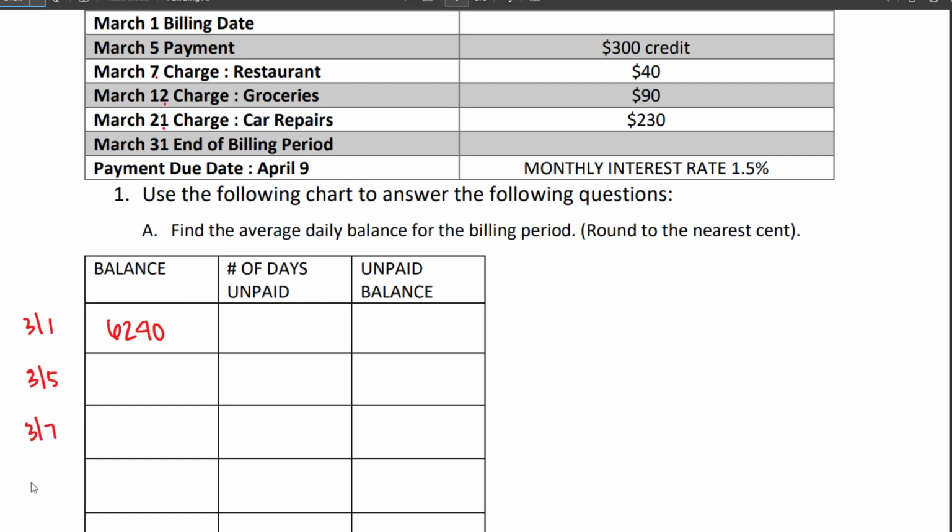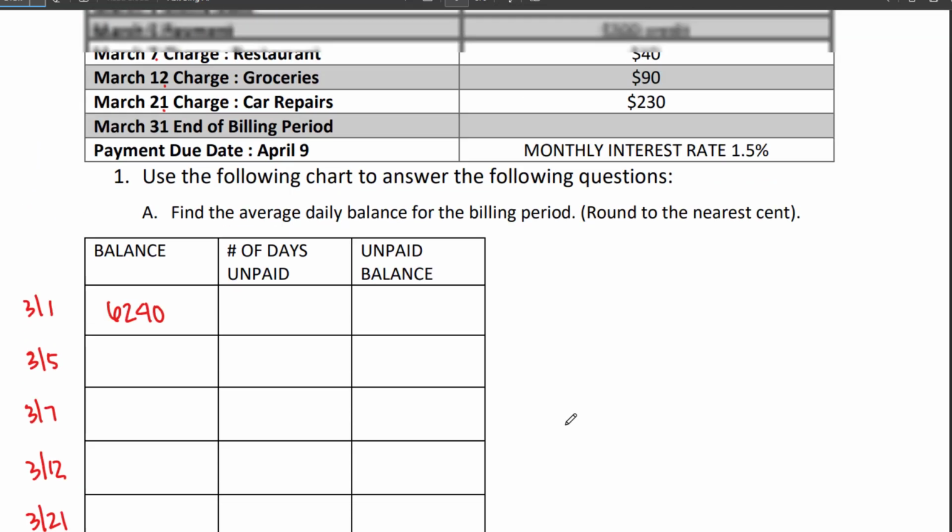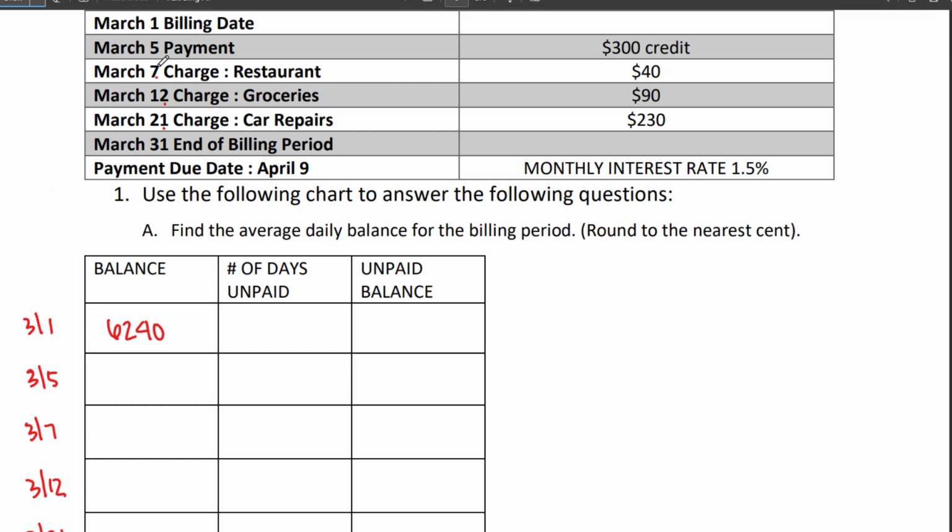So March 7th, March 12th, and then March 21st. That is the last transaction that is made. And then we have the end of the month, so March 31st. We're not adding this to the table. We're just going to put our ending balance on that day. So let's go through each of these transactions for the 5th, 7th, 12th, and 21st. And we're going to change our balance after these transactions.